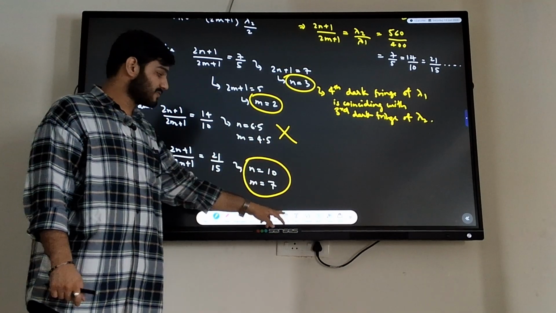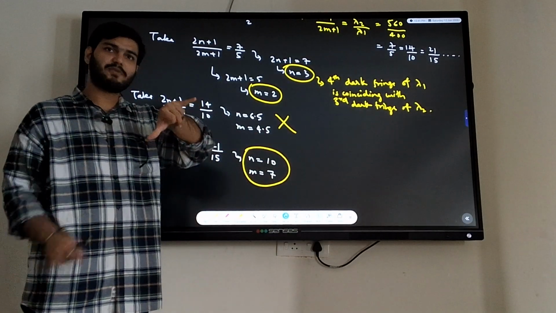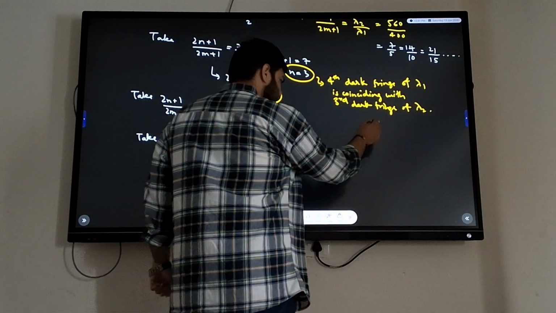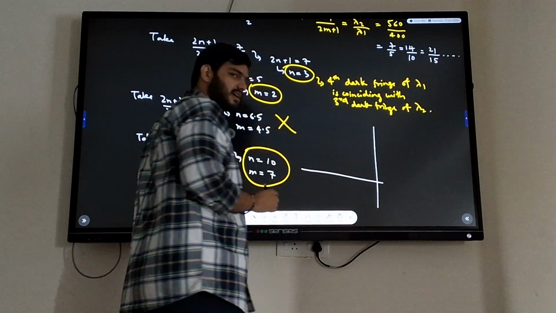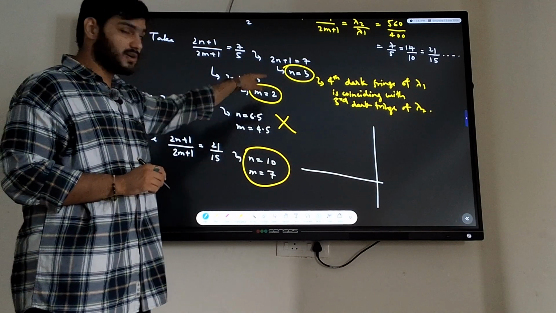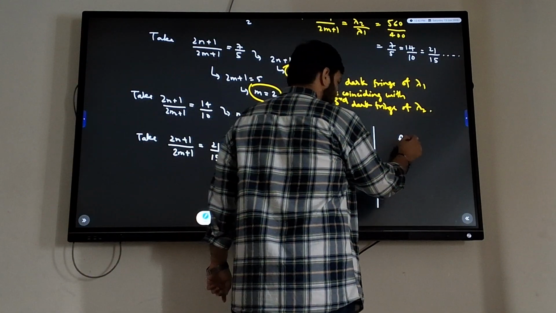Now tell me, how to find the distance then? We have a formula for y. Now understand this. It does not matter which wavelength you are going to use because the points are coinciding. So let's take wavelength lambda 1.